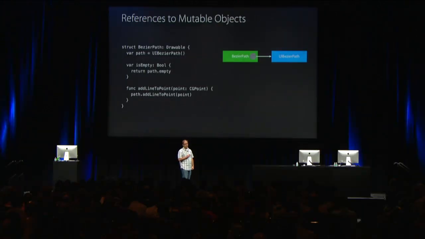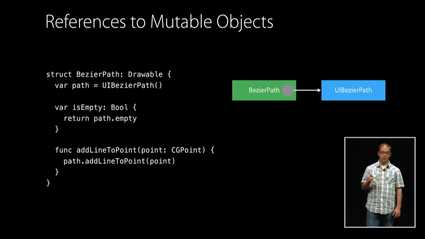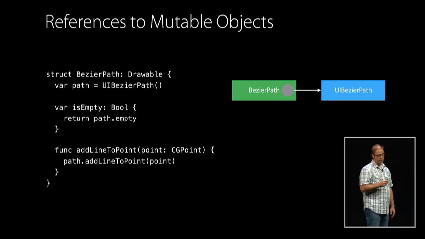Next up, let's talk about using mutable objects. So we have a Bezier path here. It also implements drawable. But its entire implementation is made up by this mutable reference type, UIBezierPath. In the reading case, when we're doing isEmpty, everything is OK. We're not doing any mutations, so we're not going to mess any other instances up.